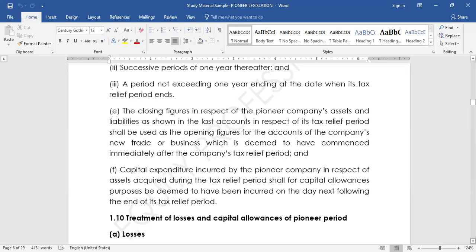However, if a company has unrelieved capital allowance in the last year of the pre-pioneer period, where we are applying the cessation rule, that unrelieved capital allowance can be carried backward for a maximum of how many years? 5 years.